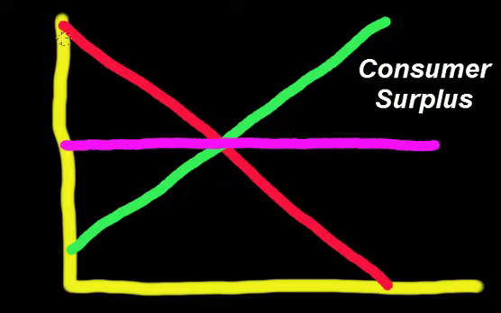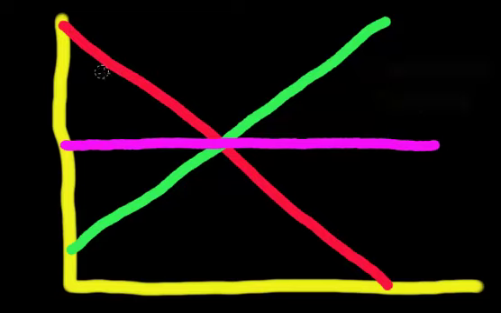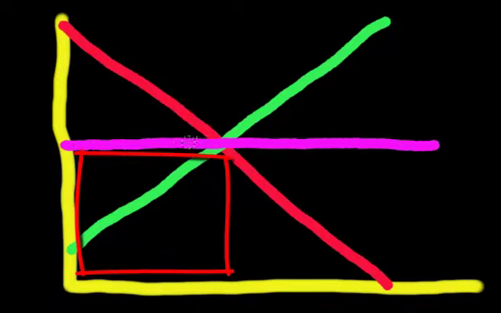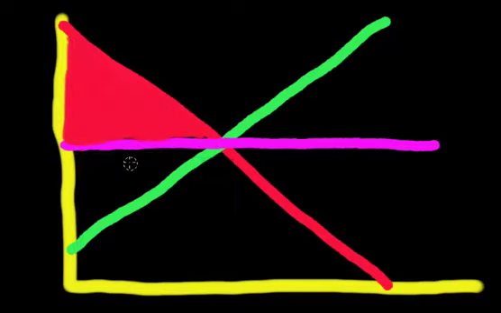So keep in mind, the demand curve tells you the gross marginal benefit that every person gets from consuming, but they have to pay this price given by the purple line. Okay, so net of having to pay the price, what's left over for them in terms of a net benefit, that is given by this triangle right up here.